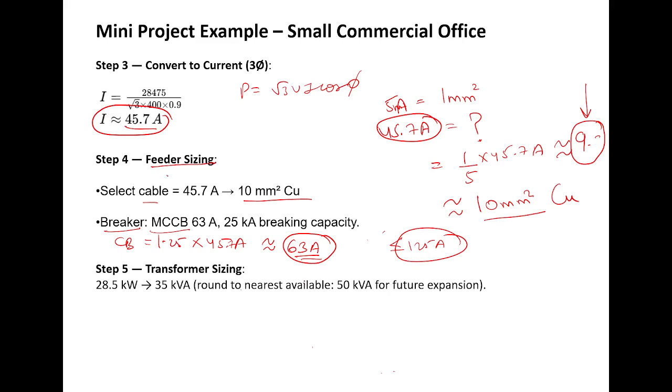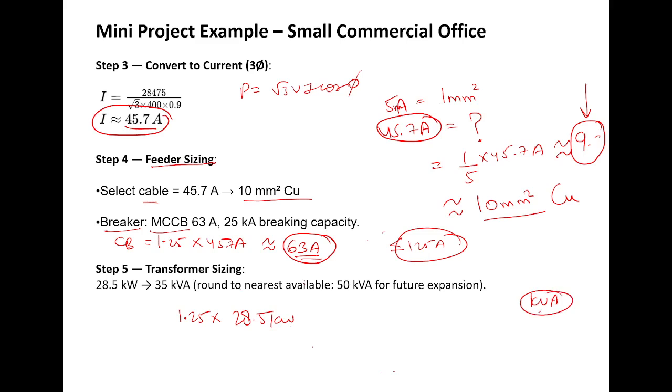So now coming to the transformer sizing. For the transformer sizing, I can calculate just by multiplying 1.25 into your demand load, which is 28.5 kilowatt. It will be around 35 kilowatt. Oh, sorry. It is in kilowatt, but the transformer size you will get in kVA.